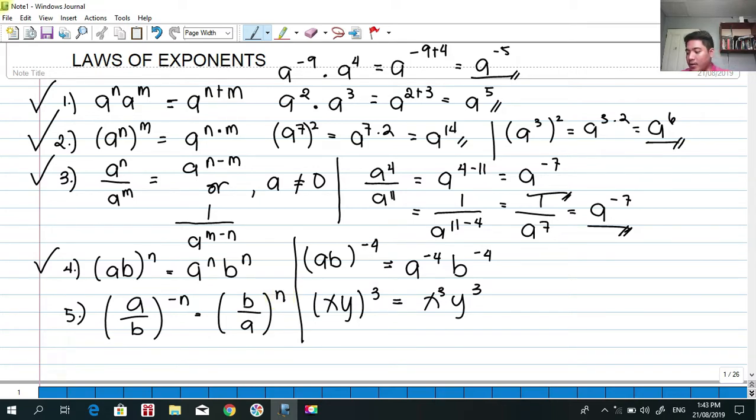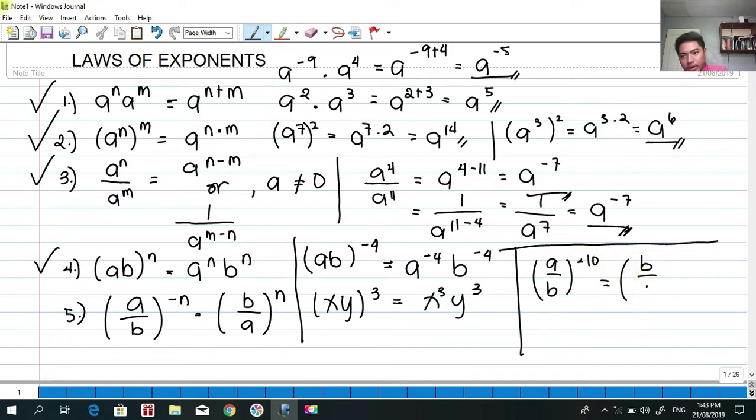For an example, let's say a over b raised to negative 10. This is also equal to b over a raised to 10.